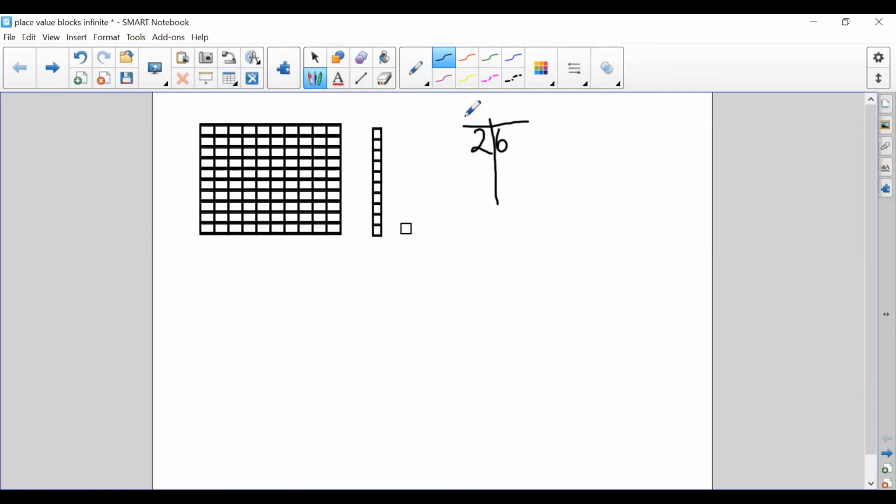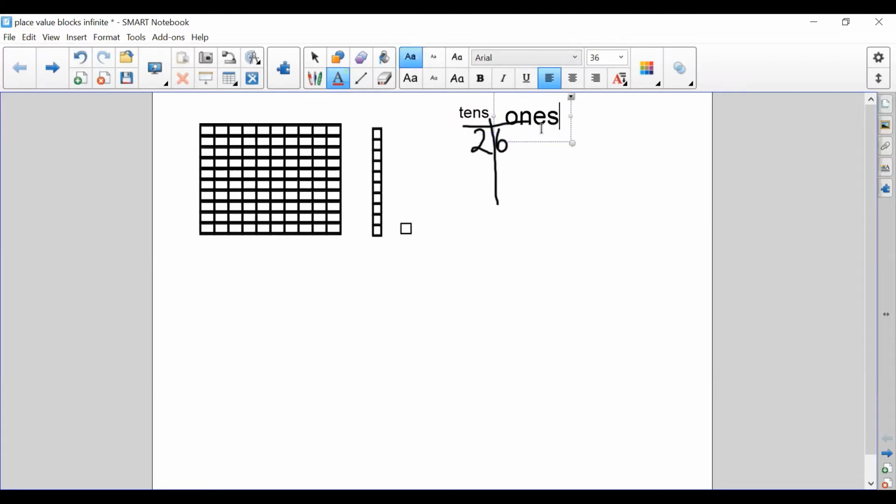So I can write tens here. Okay, tens. And over on the other side are the ones. That's a little messy, but we get the idea. The tens are on the left and the ones are on the right.